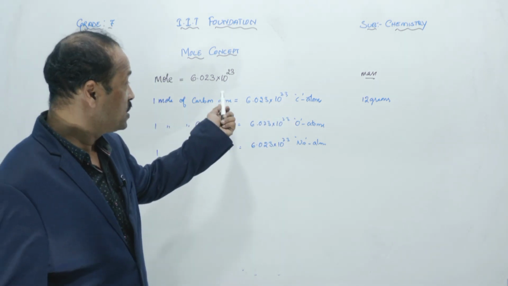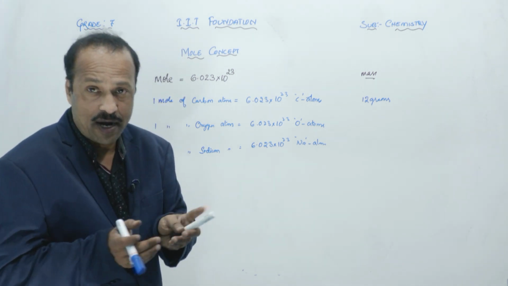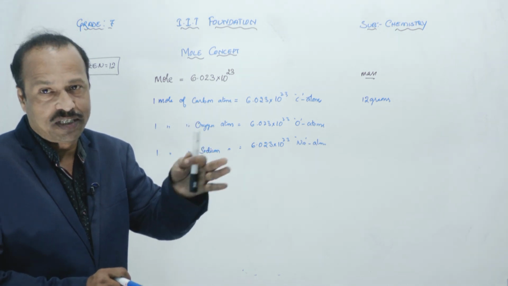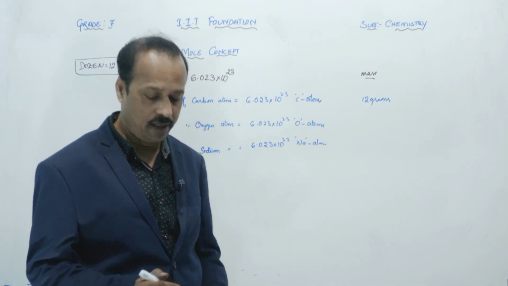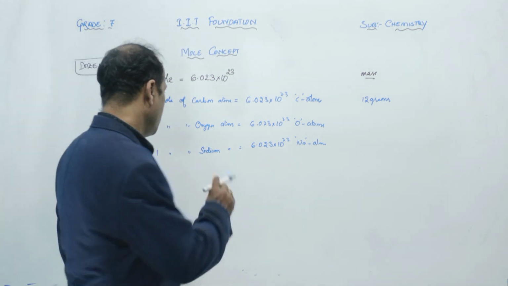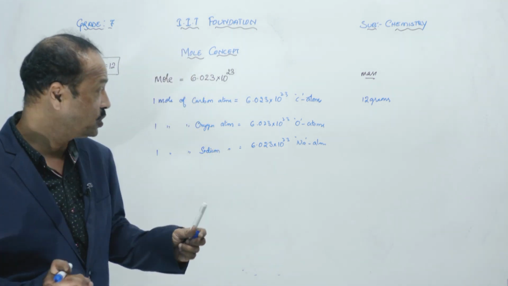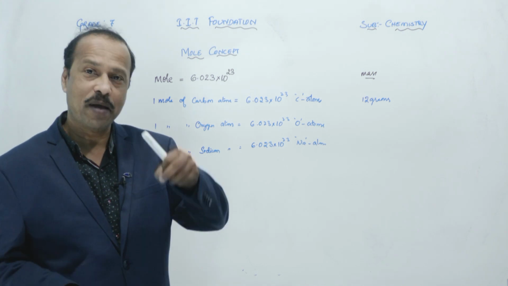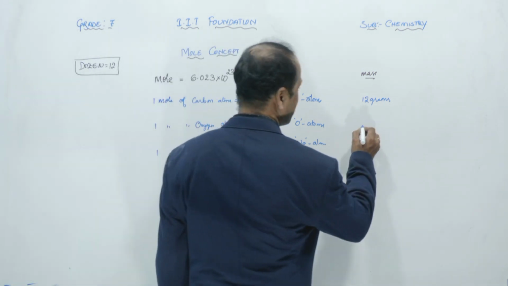Right. So, 6.023 into 10 to the power of 23 carbon atoms, if I combine together and measure its mass, what will I get? 12 grams. Clear? If I measure the oxygen, 1 mole of oxygen atoms means 6.023 into 10 to the power of 23 oxygen atoms I am taking in one pan, and if I measure, then I'll get 16 grams.